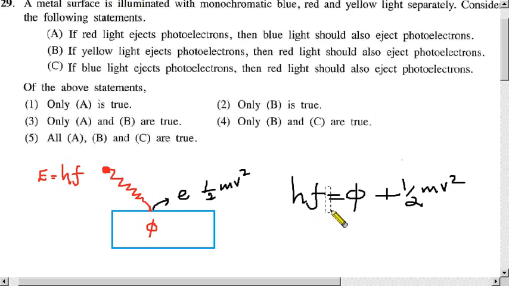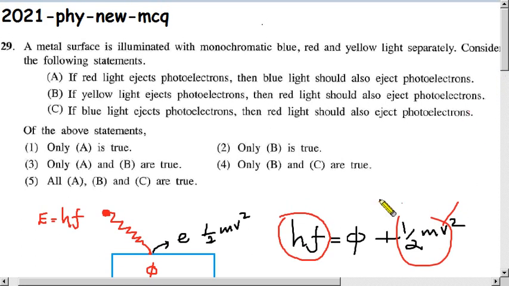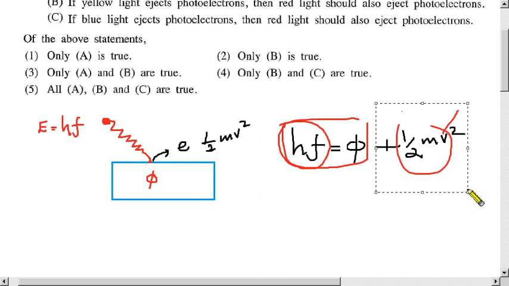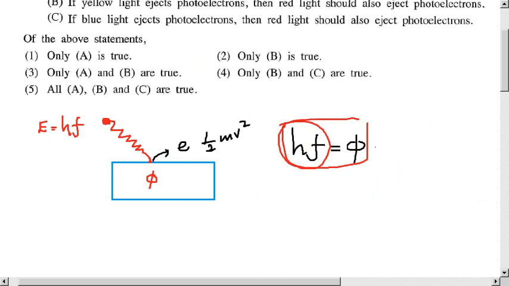So for all these things to happen, there must be this energy hf, to have a kinetic energy, to have a velocity. Everything occurs only if the wave has this amount of energy. They are talking about ejecting electrons. Ejecting electrons means at least this amount of energy it should have. Forget about kinetic energy, just ejecting electrons, if it has hf amount of energy.